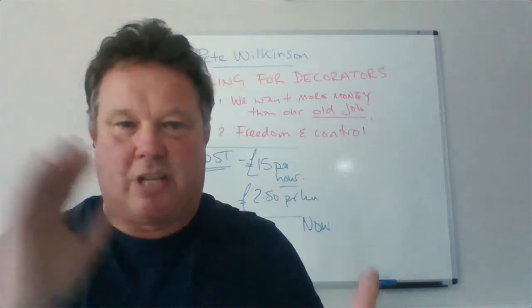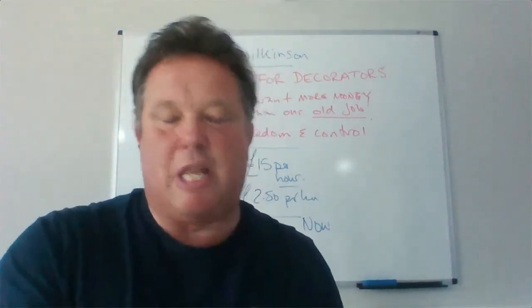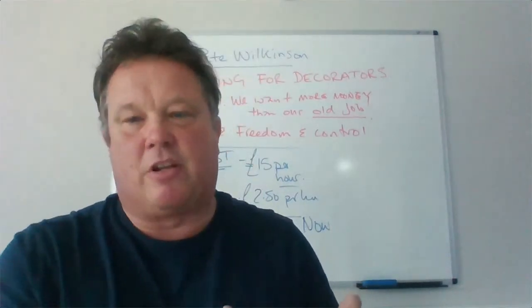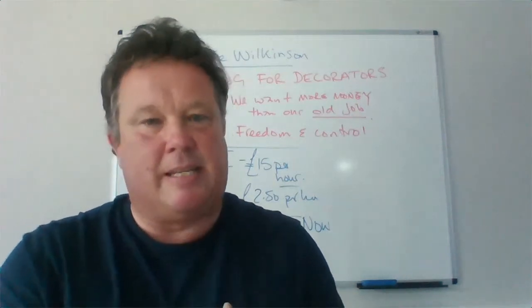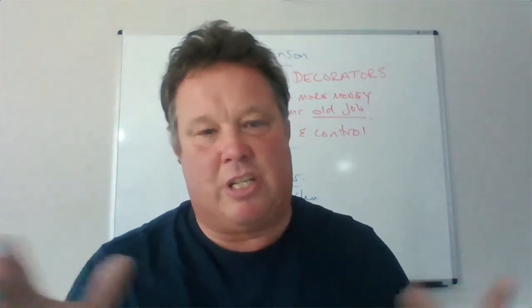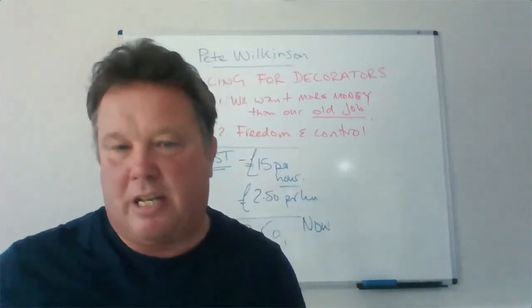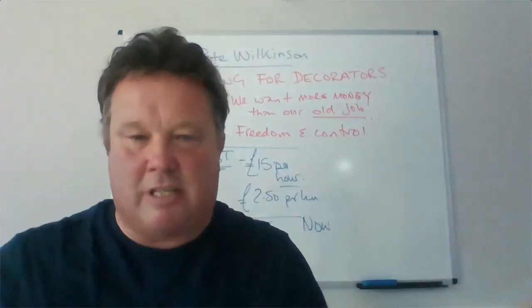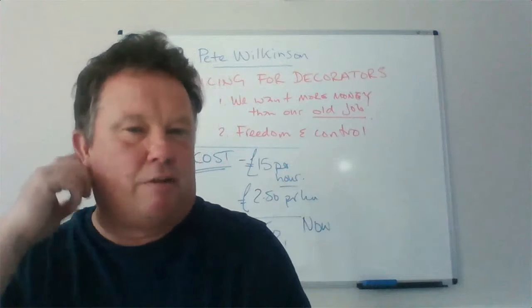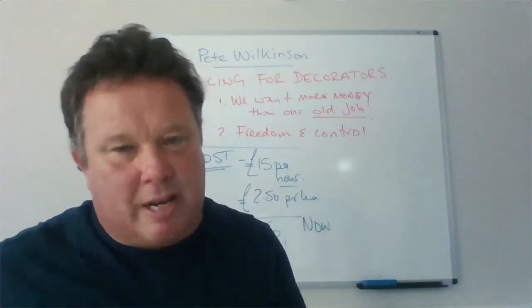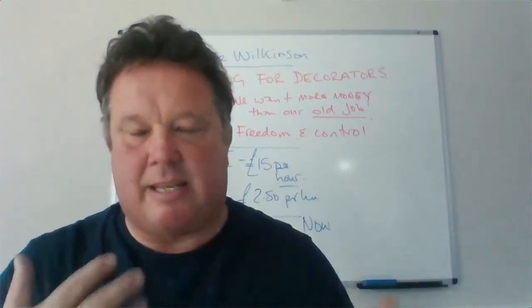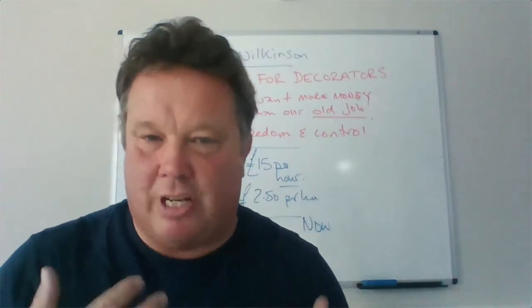Every job. Time yourself from 8 o'clock in the morning till whenever you finish, 5 o'clock at night. Time how long everything takes: how long does it take to emulsion a ceiling 2 coats with prep, how long does it take to undercoat a door, how long does it take to paint a window. Just keep timing yourself. Don't rush. You're not trying to break any records. You just want a realistic time of how long things actually take.